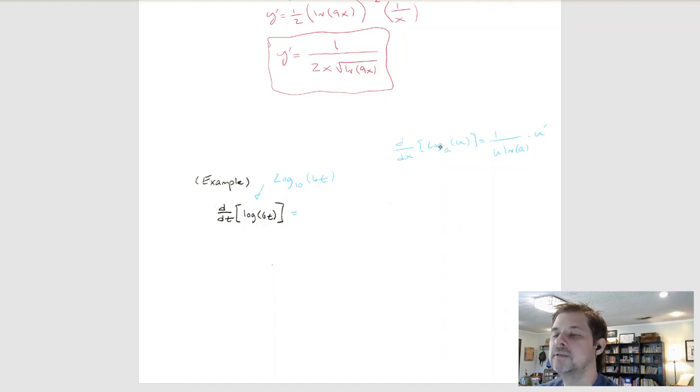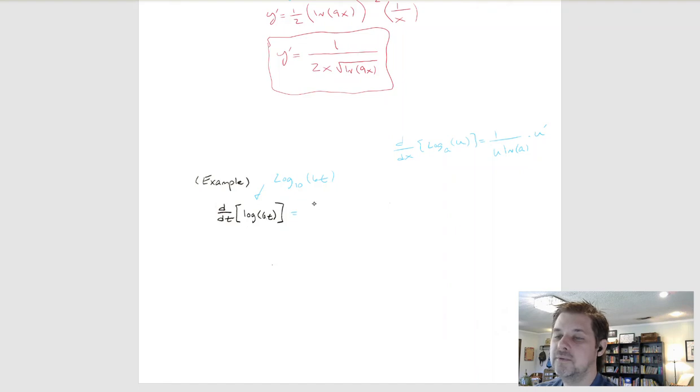All right, so let's see. There's obvious applicability between this example and this rule. t is the variable. I want to find the derivative with respect to t. This rule will be applicable even though here I might be assuming x is the variable. This doesn't matter.